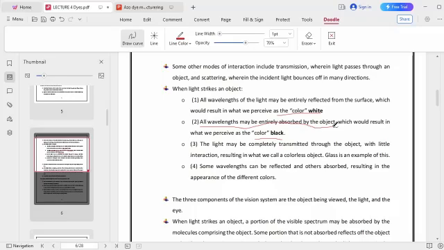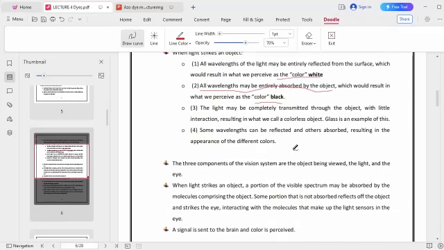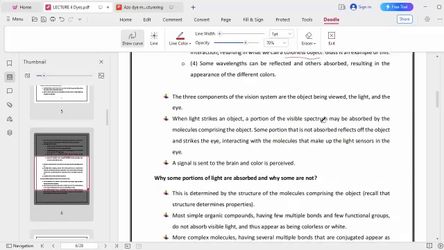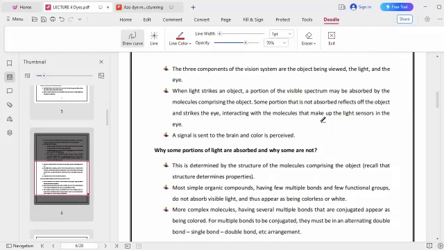And then when light is completely transmitted through, we perceive it as colorless. So those are the different color options that we have: black, white, or transparent, or colorless.